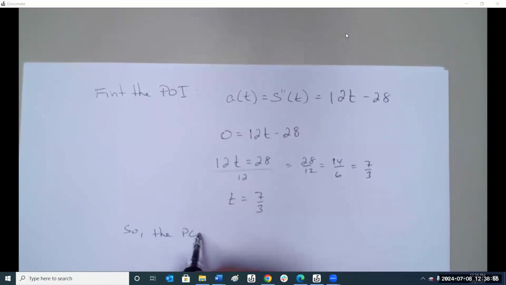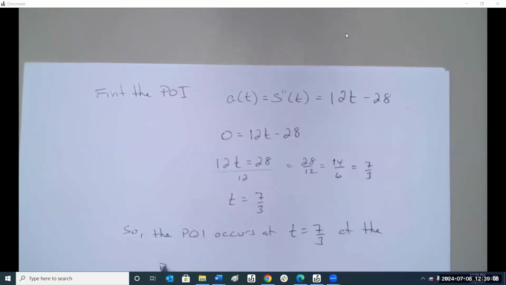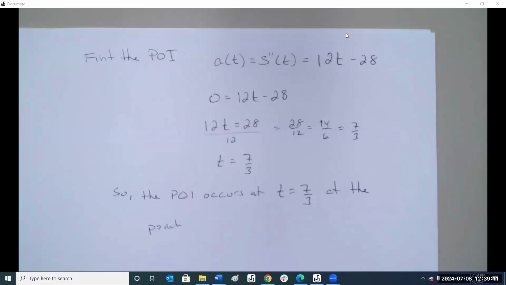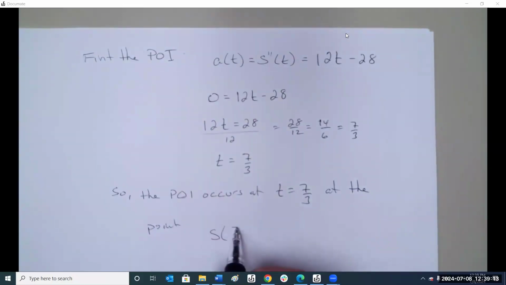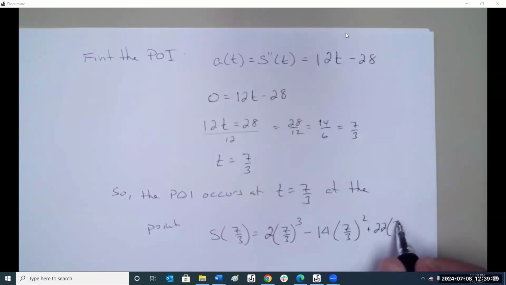So the point of inflection is at t equals 7 over 3, at the point s of 7 over 3, which is 2 times 7 over 3 cubed, minus 14 times 7 over 3 squared, plus 22 times 7 over 3, minus 5.